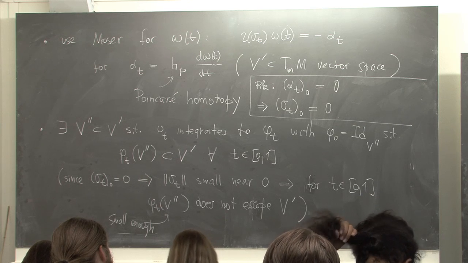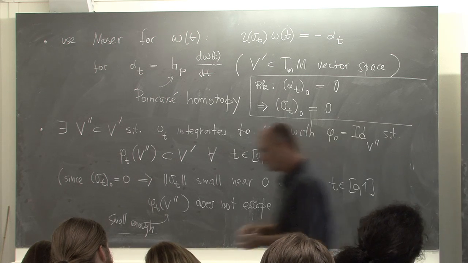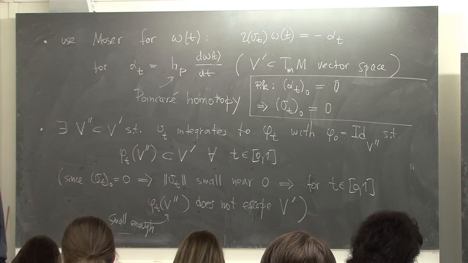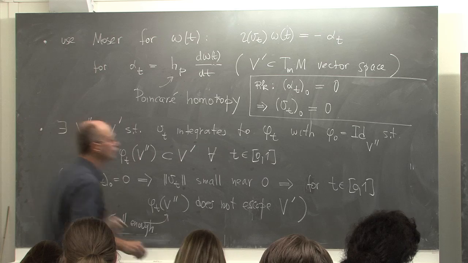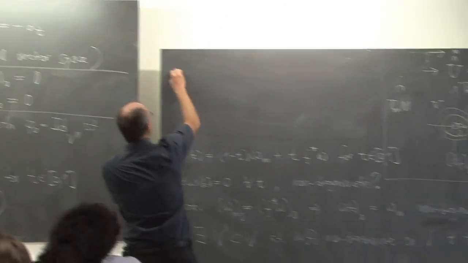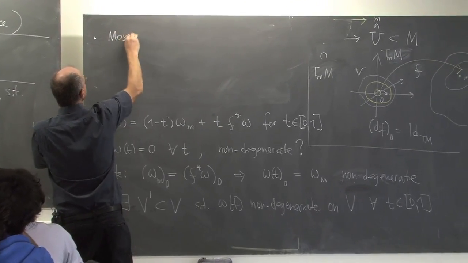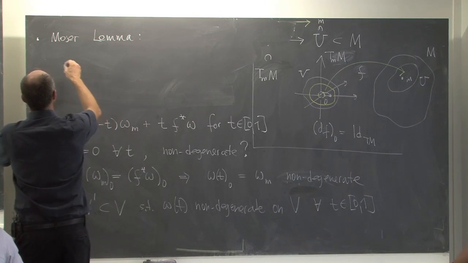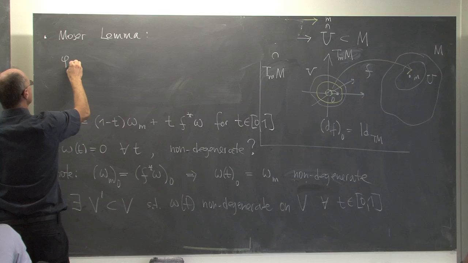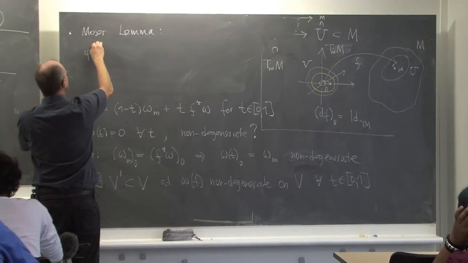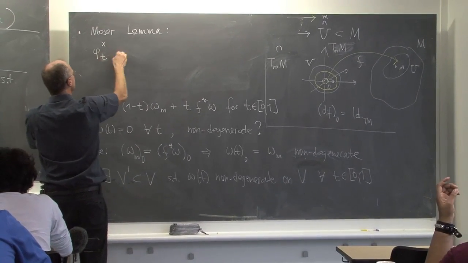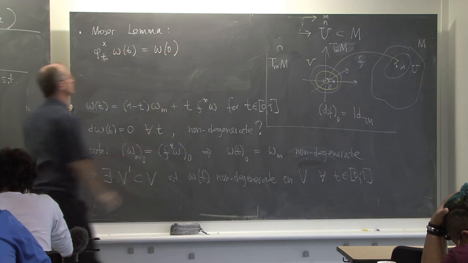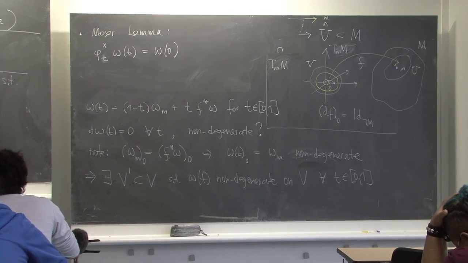Now let's write the resulting formula. The Moser lemma tells us that phi t star of omega of t is equal to omega of 0.